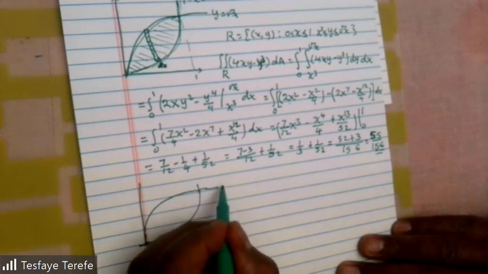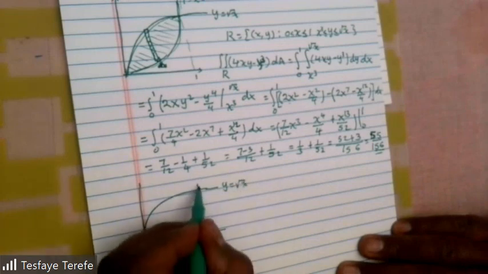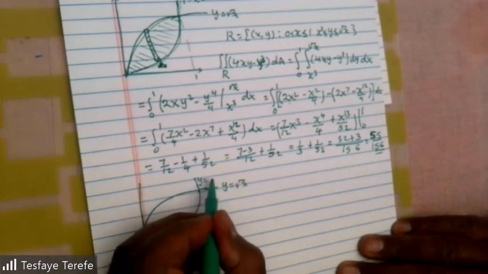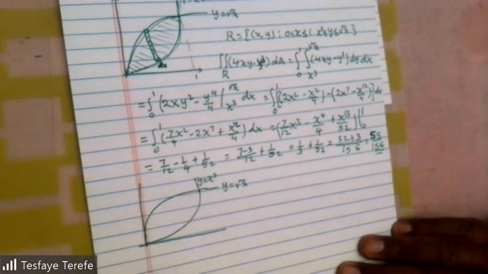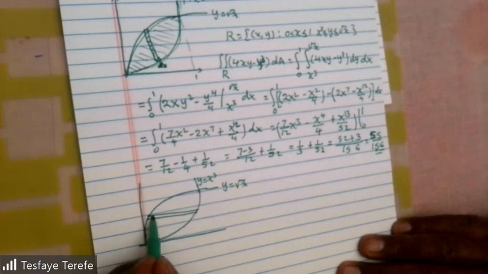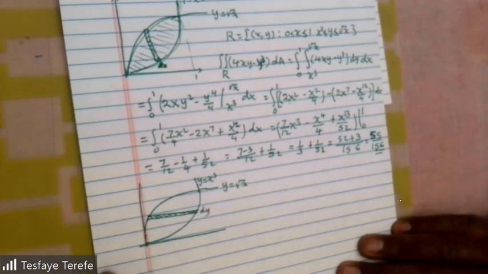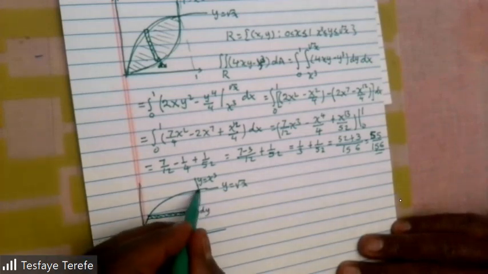And remember, this is y is equal to square root of x, and this is y is equal to x cubed. And then instead of type 1, I'm going to make it type 2. And this y, the thickness is dy. And now this is changing from 0 up to 1.